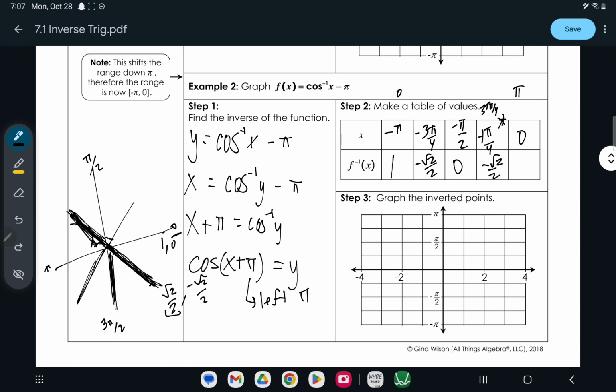Can I just plug this in a calculator and get the right answer? Probably. I have to come back to that idea. I don't know why it worked everywhere else, but it didn't work. Oh, and it didn't work on this one either, because that's supposed to be a positive pi over 2. Or positive root 2 over 2.